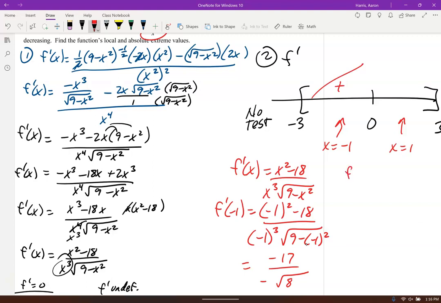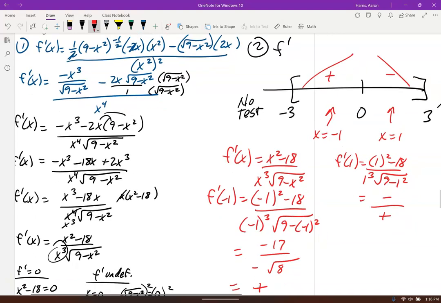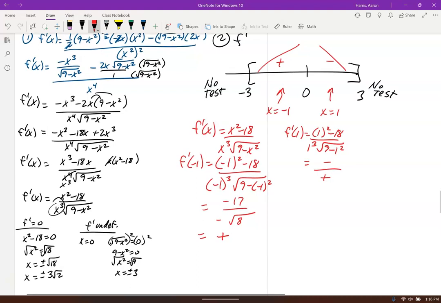Now let's throw in 1. I got a negative, and these are positive. So a negative over positive is a negative. So the function then decreases. So let's summarize this. I'm increasing from negative 3 to 0. Remember, these are always open intervals. And I'm decreasing from 0 to 3.